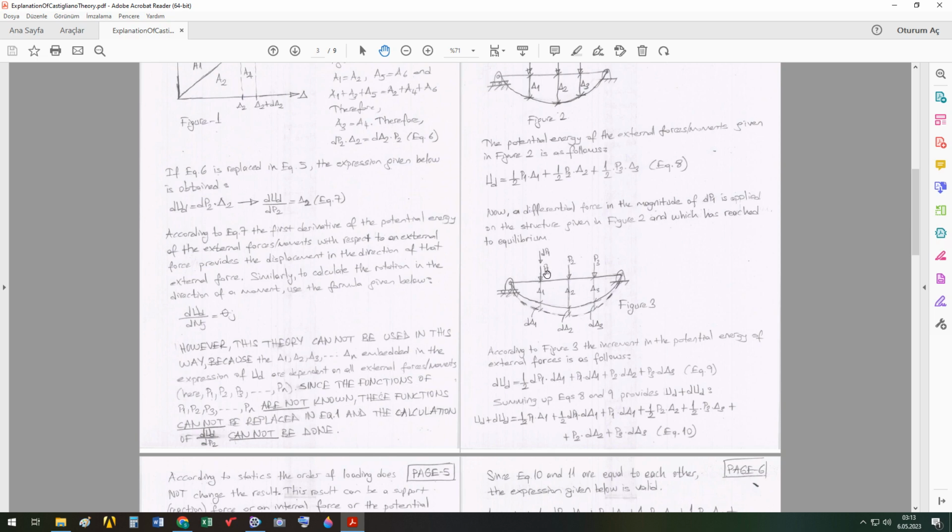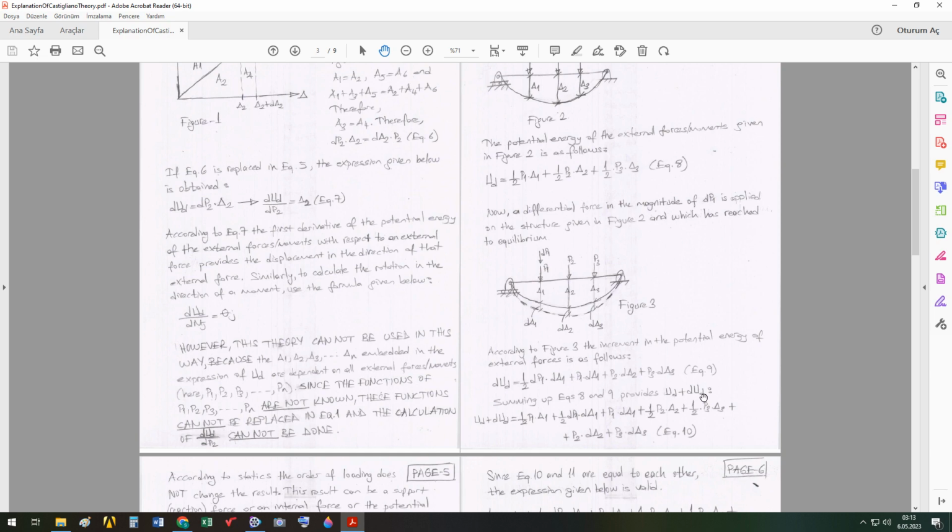But P1 was constant here. During this time, the value of P1 did not change. So there is no 1/2 in front of its expression. P1 times d delta 2 comes here. Since P2 and P3 were also constants, no 1 over 2 term comes in front of their expressions. Summing up equation 8 and 9 gives us that value.